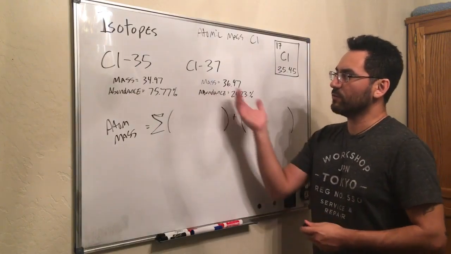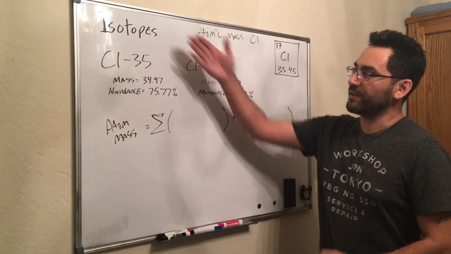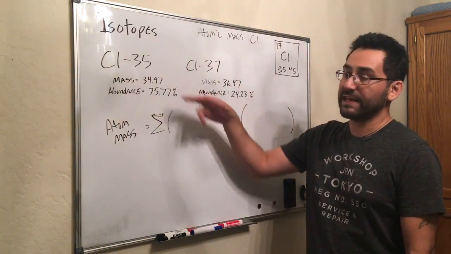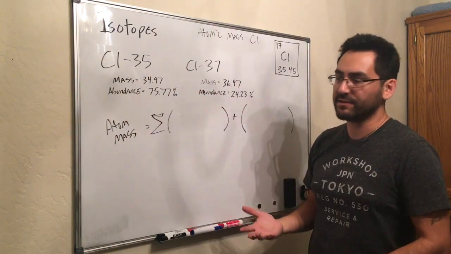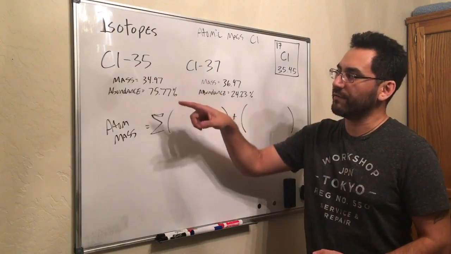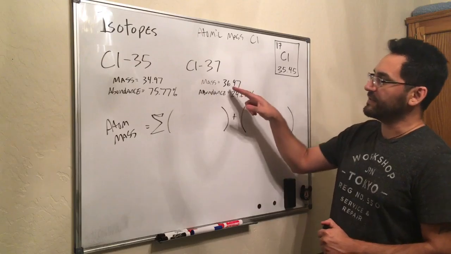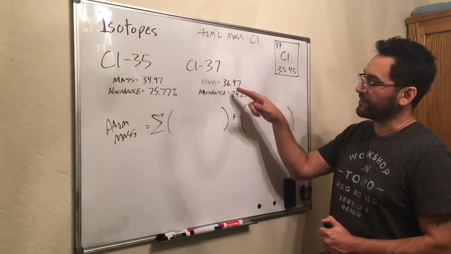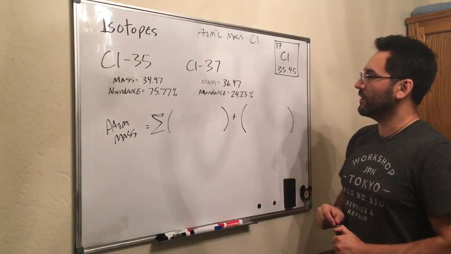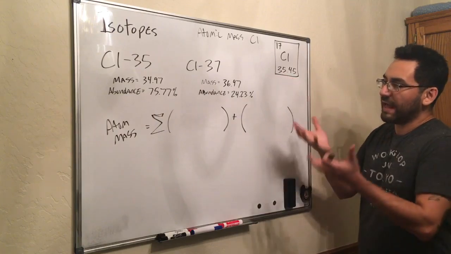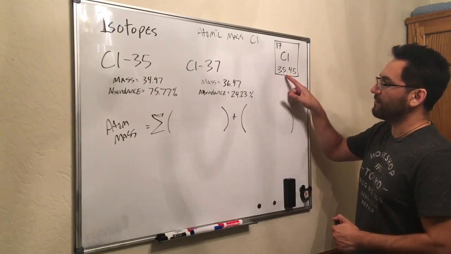Well, first off, let's talk about what these numbers are. So for these two isotopes, we can actually calculate how heavy they are, their mass. So chlorine-35 is actually 34.97, so very close to 35. Same with chlorine-37, it's actually 36.97. We see that the final average is about 35.